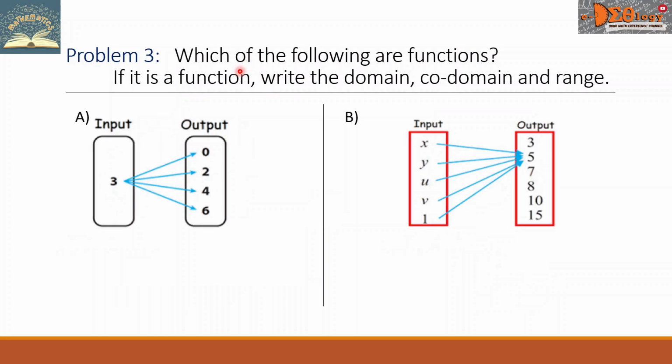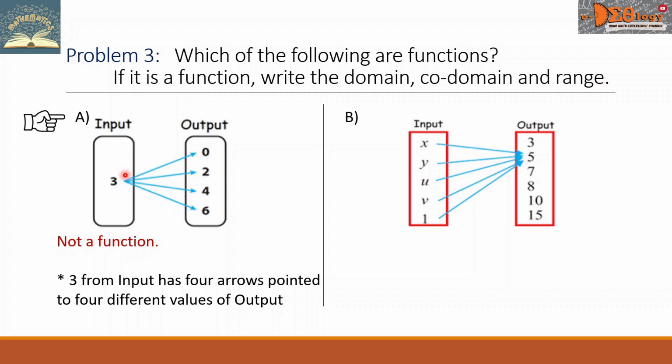Problem 3. Which of the following are functions? If it is a function, write the domain, codomain, and range. Let's begin with A. We have input group and output group. Observing our illustration, this is not a function.